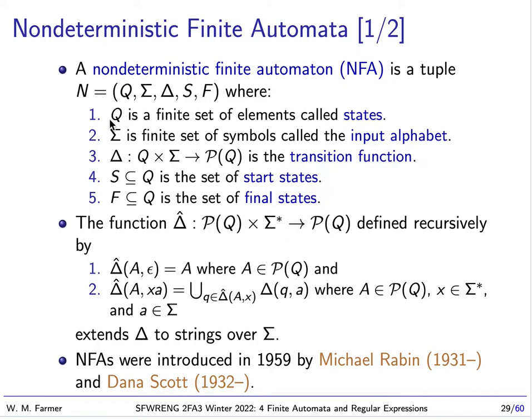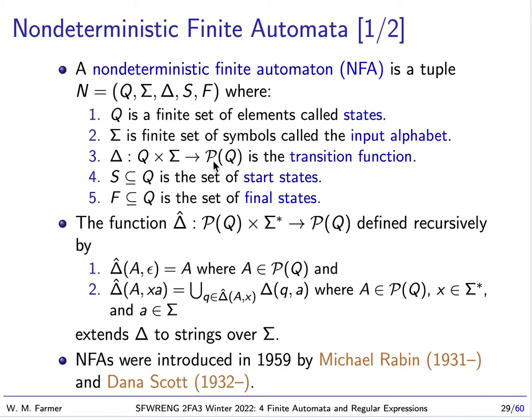Q is a finite set of elements called states. Capital sigma is a finite input alphabet, and capital delta takes a state and a symbol and returns a set of states.